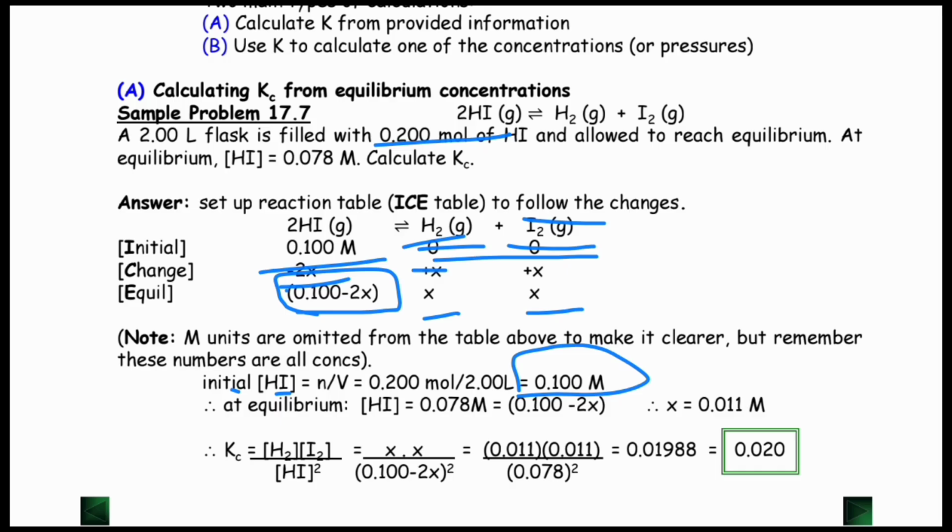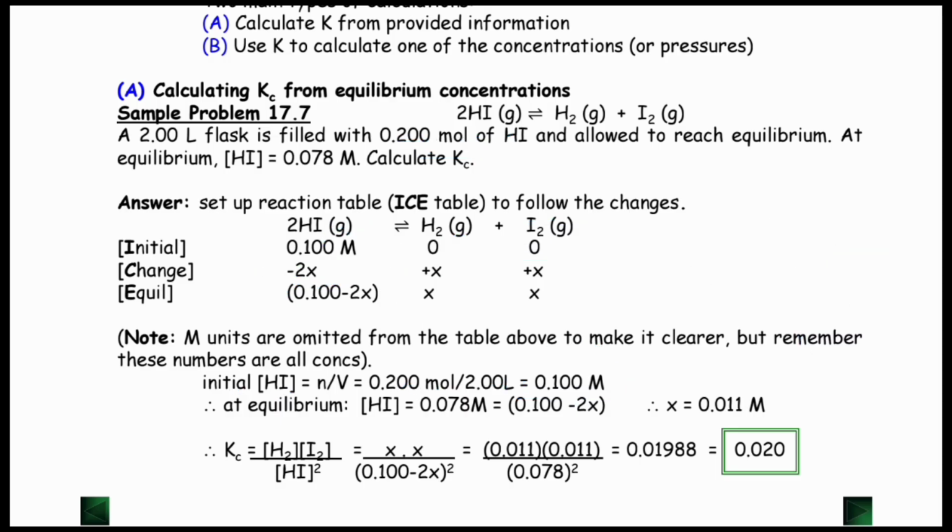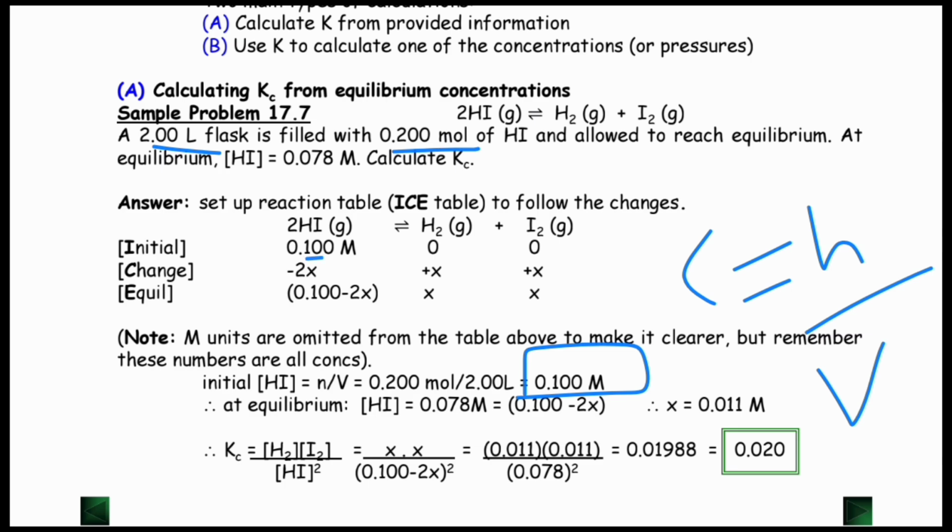Okay, this is molar. Moles are this. We find out molarity by this equation: C is equal to n by V. Okay, V is 2 liters and this is 0.2 mole, so we will get 0.100 molar concentration of HI.